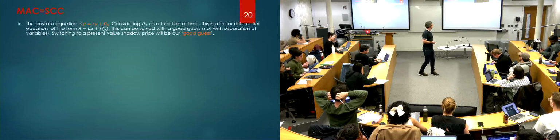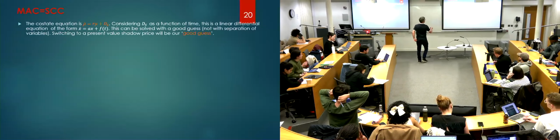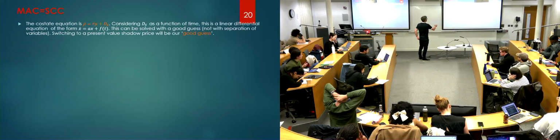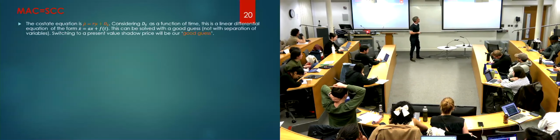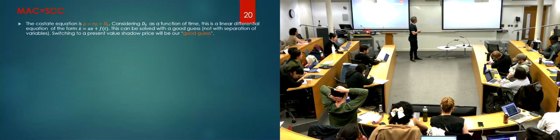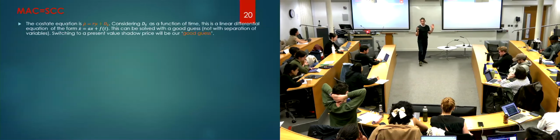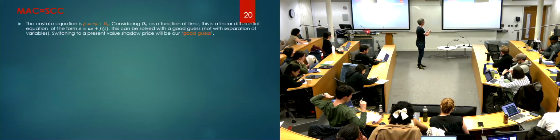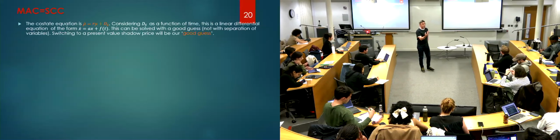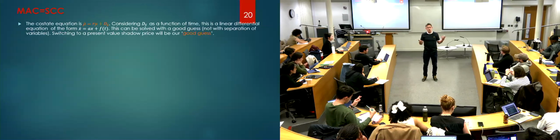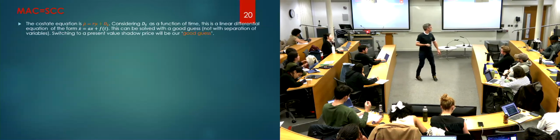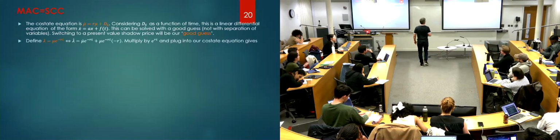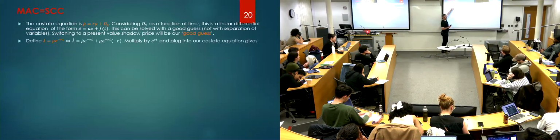Another insight from this simple model: this was our co-state equation that we started from. Now, you can't solve that with separation of variables, sadly. So we're going to use a good guess. That's actually the method that brings you the farthest. What would be a good guess? Maybe you remember that if you use a present value shadow price, this term disappears.